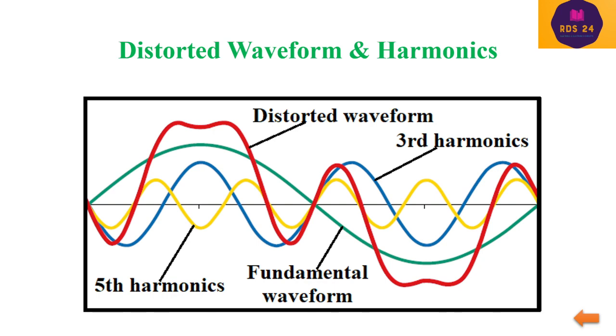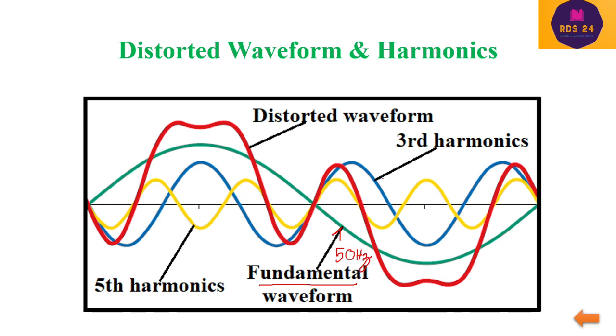In this figure you can see that the green color waveform is your fundamental, that means it is 50 Hertz. In India, this is 50 Hertz. And these are some harmonics.